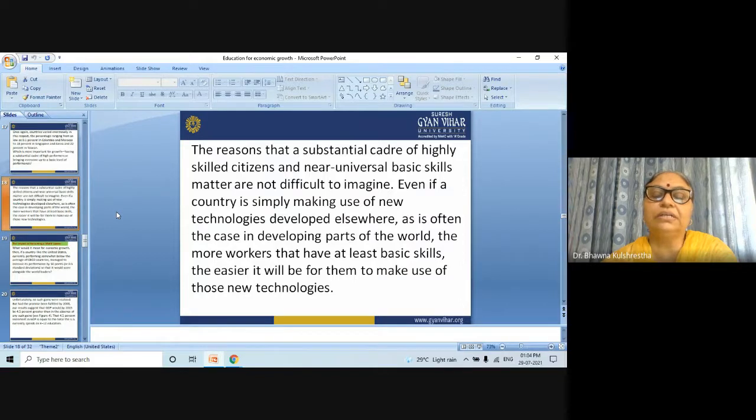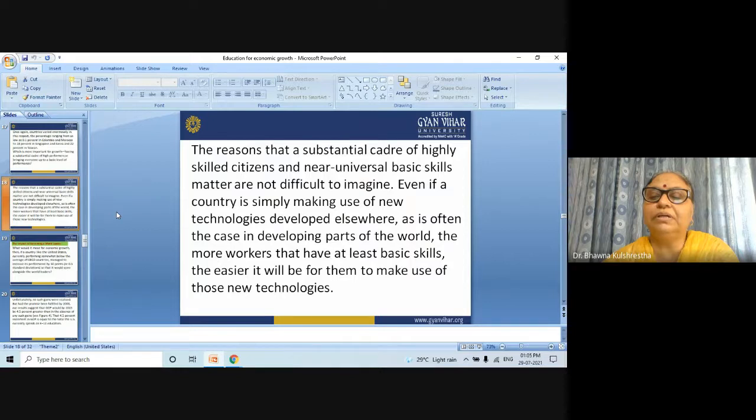And with these technologies, some workers need a high level of skill so they can help adapt the new technologies to their countries.